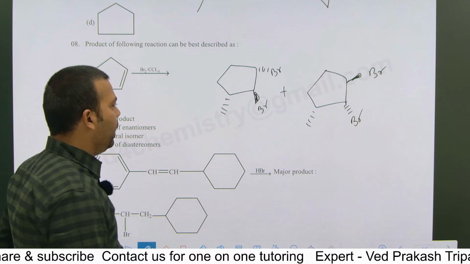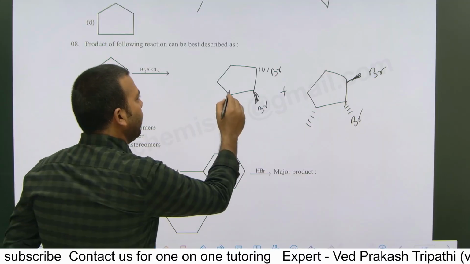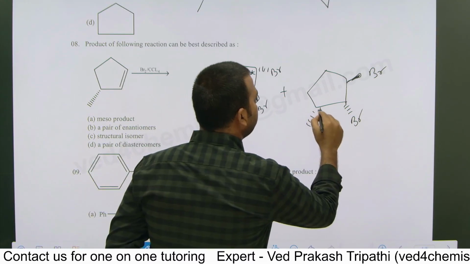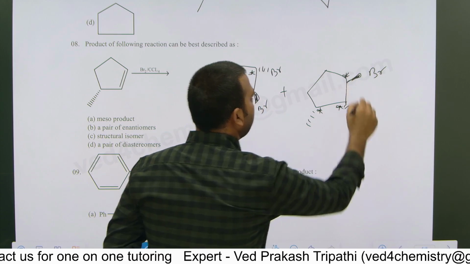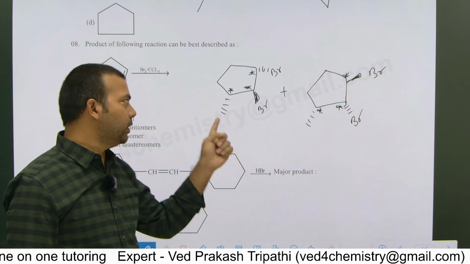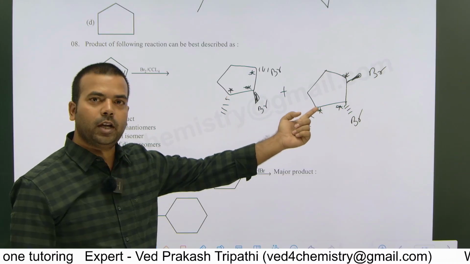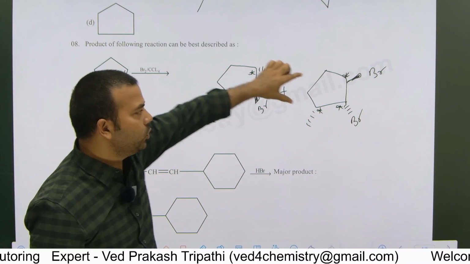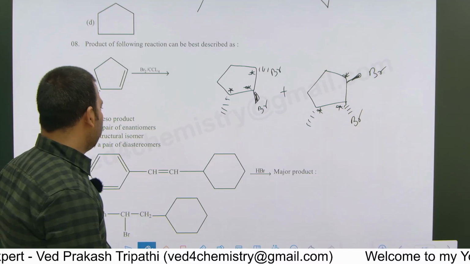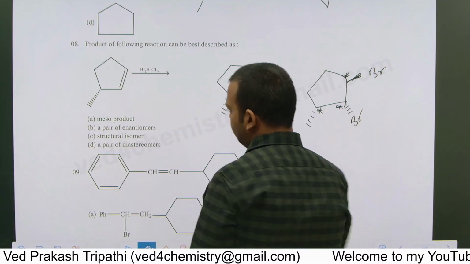As you can see, here we have 3 chiral centers, here as well. If any one remains same in all the 3 chiral centers, like this one is dash, this one is also dash, and there is a change on these two, this kind of relationship is known as diastereomer. So this is a pair of diastereomers.